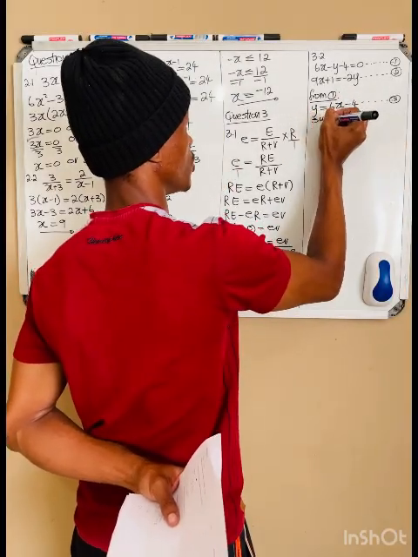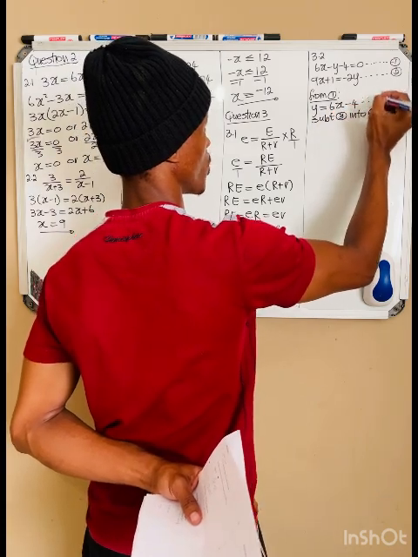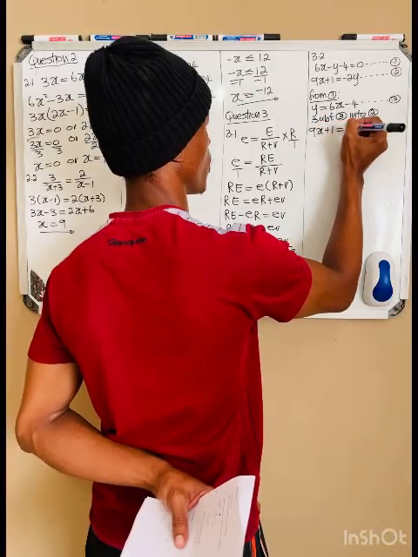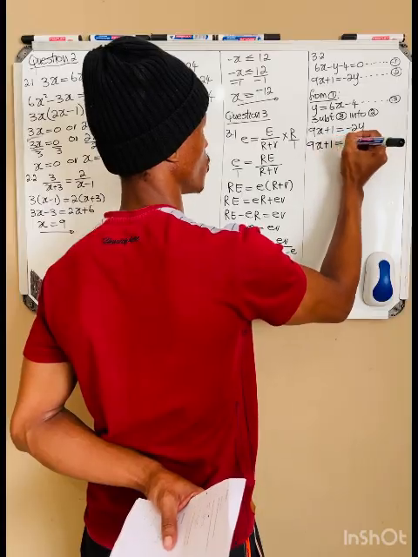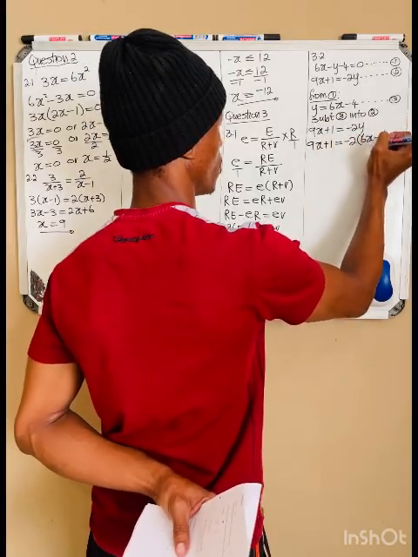Then I substitute equation 3 into equation 2, because we haven't utilized equation 2. From equation 2, we have 9x plus 1 equals minus 2y. So I'm going to have 9x plus 1 equals negative 2 times y, and y is 6x minus 4.